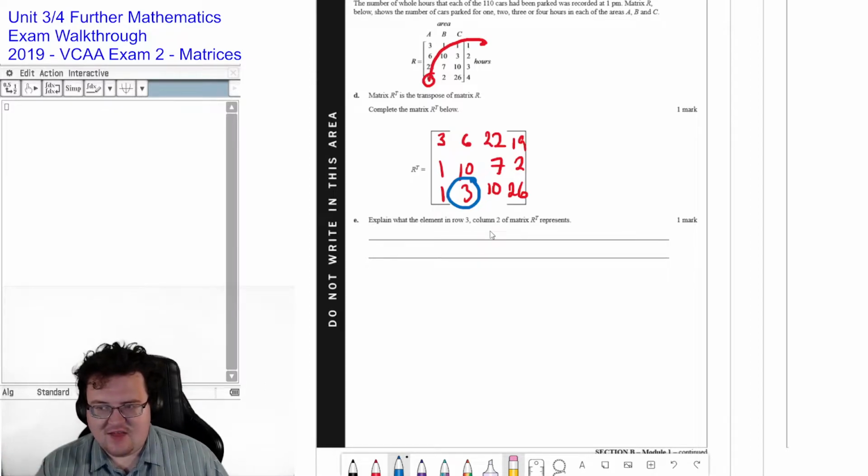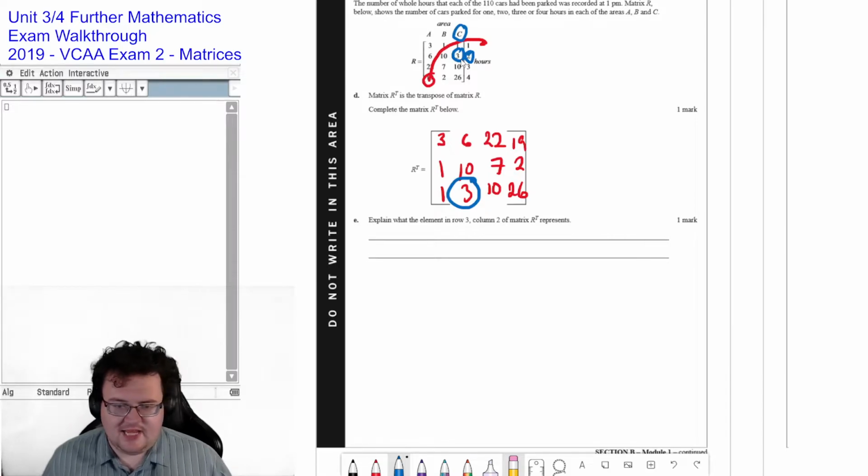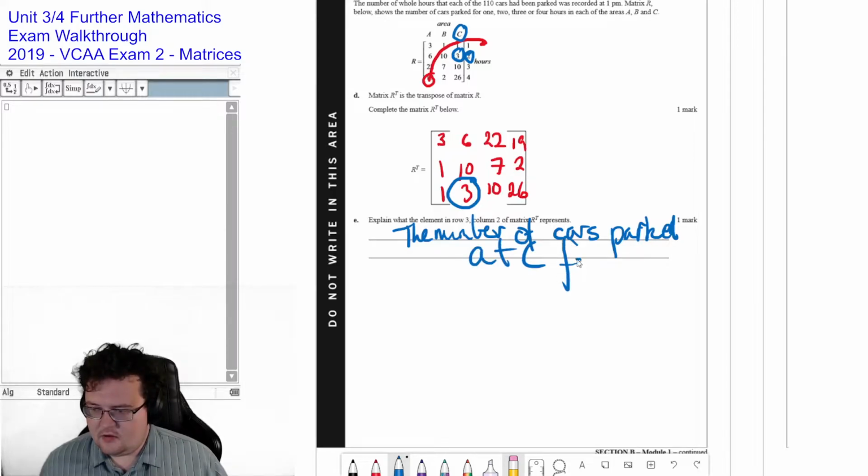We now have to connect that back and write a story about what that 3 is. Well, if we go back to the original, it's that one there. And what you need to actually say is this 3 is the number of cars parked at C for 2 hours.